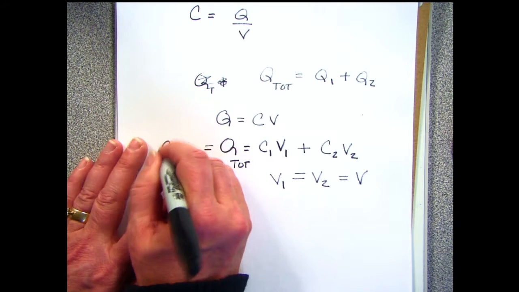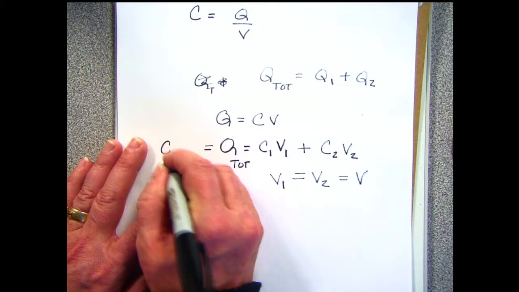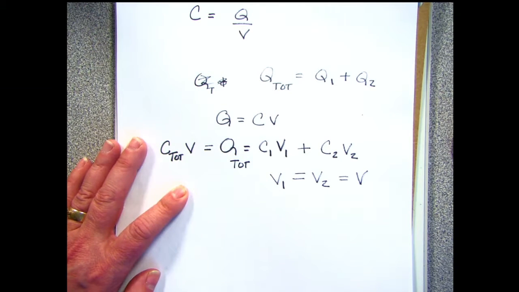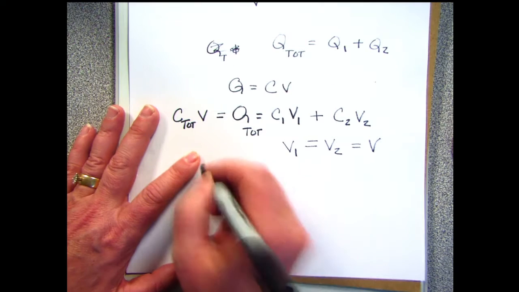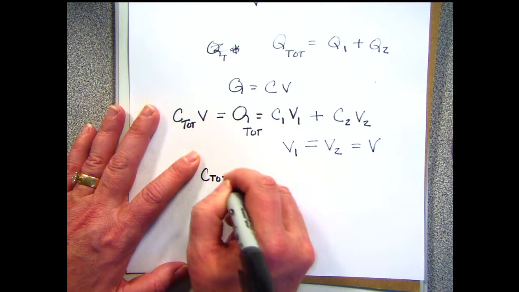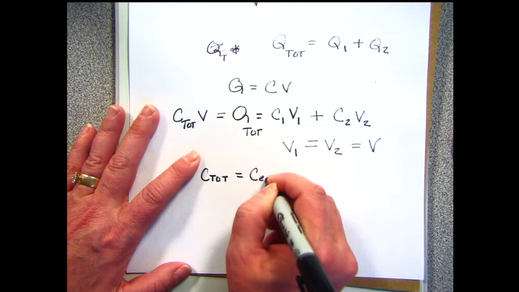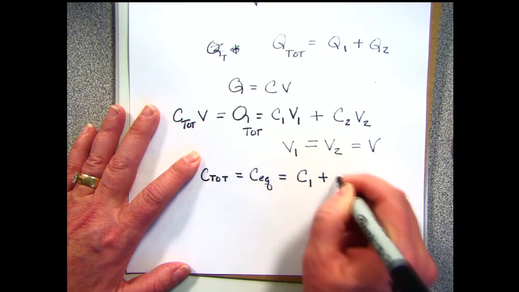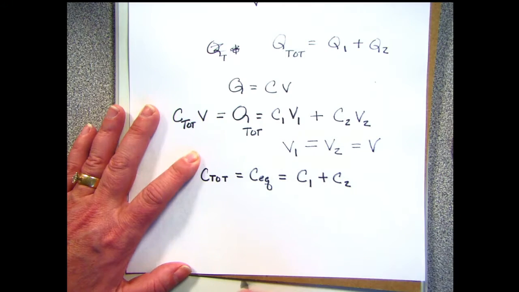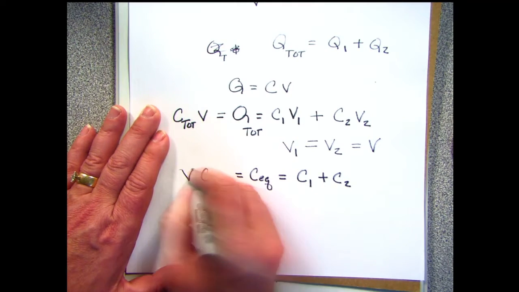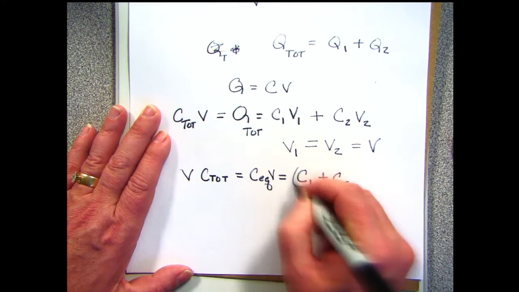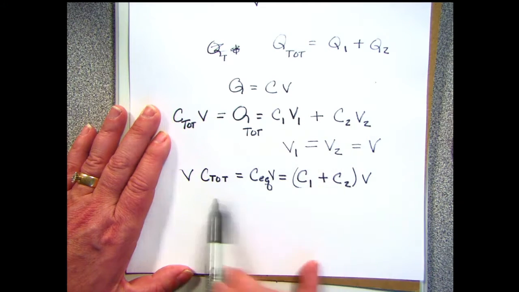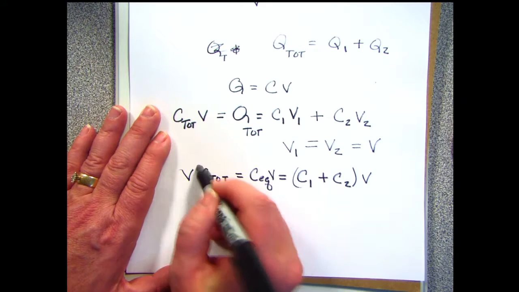So I end up with C total, which is what we call C equivalent for the system, is equal to C1 plus C2, times my voltage. All I've done in this case is factor out my voltage. These all cancel out. So C equivalent is equal to C1 plus C2 when they're in parallel.